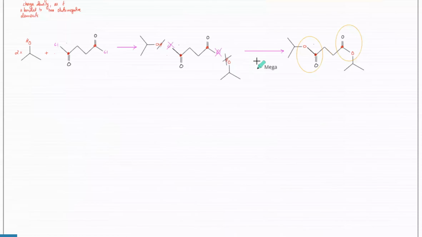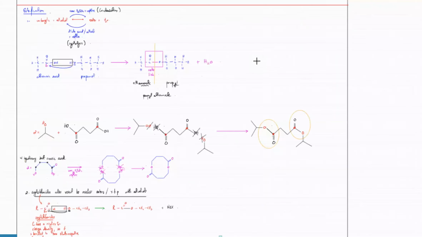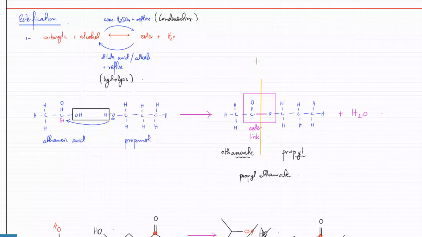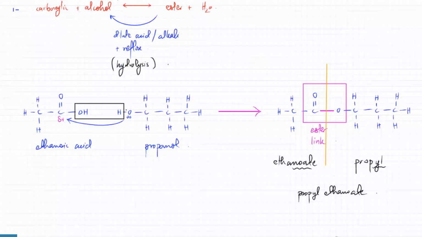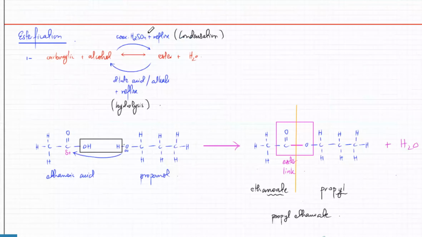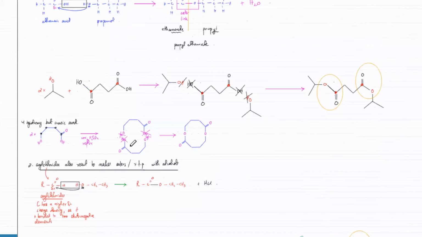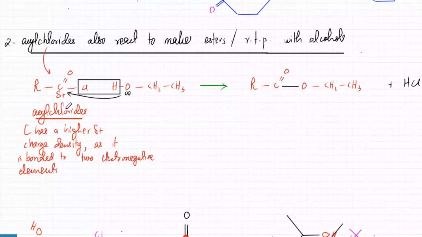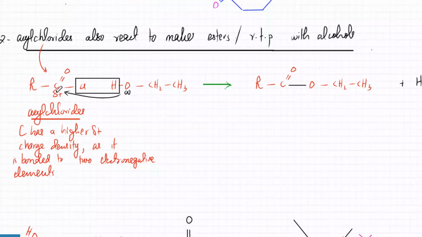Keep it simple. You had a carboxylic acid reacting with alcohols, but in that case you needed conditions like concentrated sulfuric acid. Why? Because the reaction wasn't that easy. The carbon wasn't that positive and it wasn't that interested in the lone pairs of this oxygen. In acyl chlorides, the carbon was slightly more positive because it was also attached to two electronegative elements.